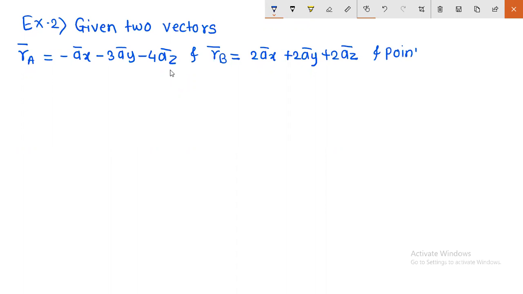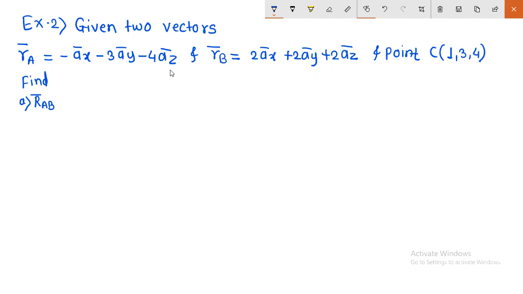And point C having coordinates 1, 3, 4. Find: first, that is A, capital R bar AB.